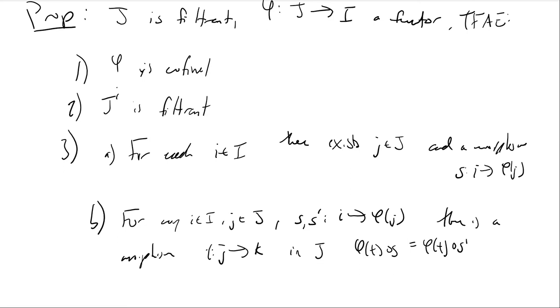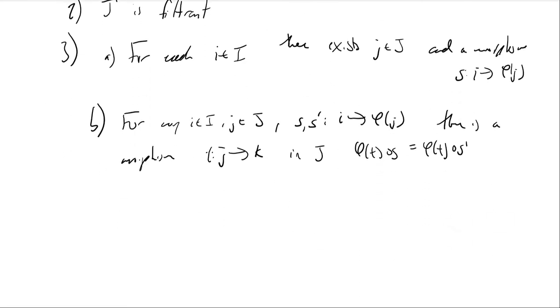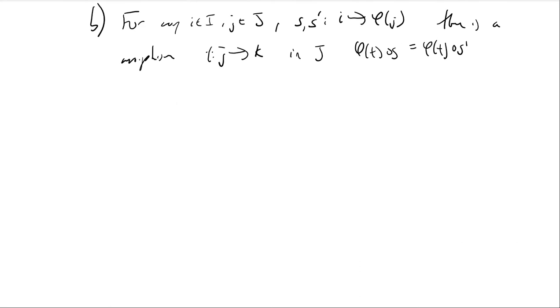For this proposition, we're going to prove this in the reverse order. Oftentimes in these sorts of chains of arguments, you see people argue 1 implies 2 implies 3. We're going to argue 3 implies 2 implies 1, because one of these claims is trivial. In fact, 2 implies 1 is trivial because filtrant implies connected.